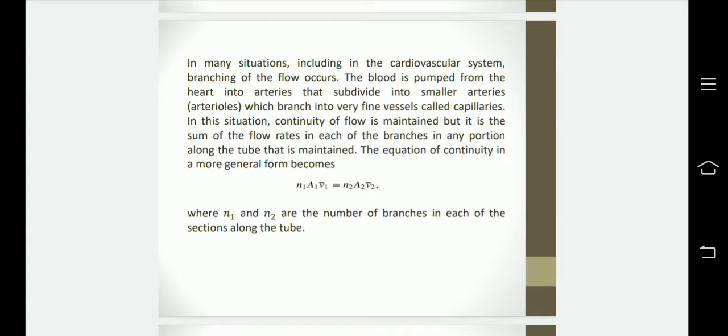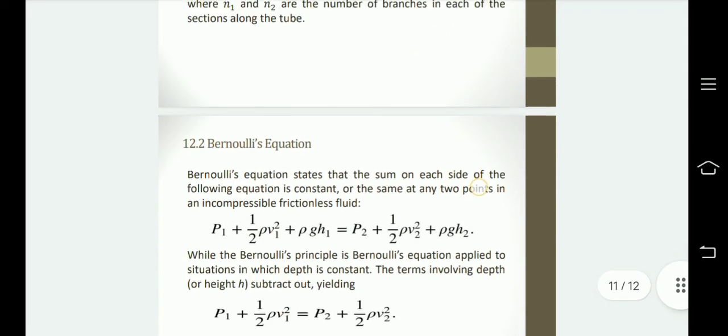The equation of continuity in a more general form becomes n1A1v1 = n2A2v2, where n1 and n2 are the number of branches in each of the sections along the tube.